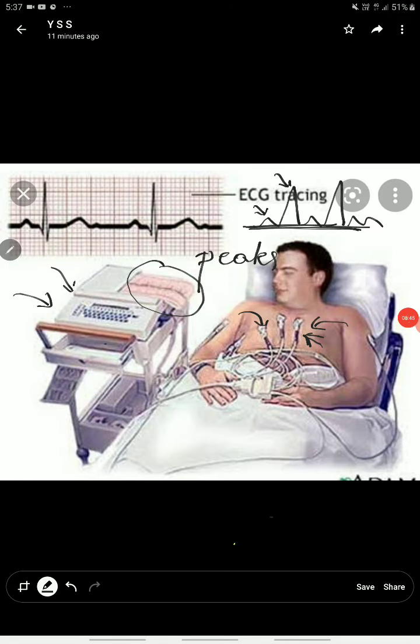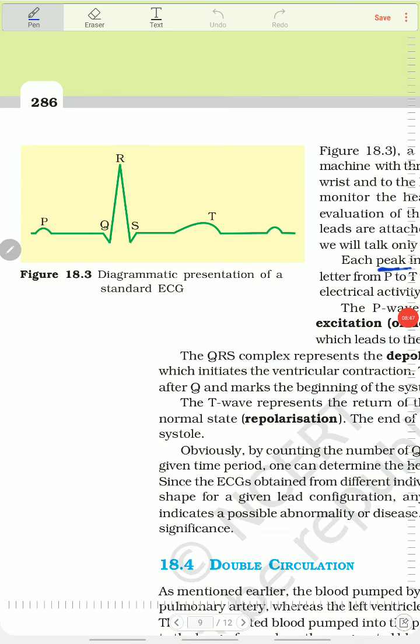Okay, students, you see here I have a diagrammatic representation of a standard electrocardiogram. This electrocardiogram has got many peaks.